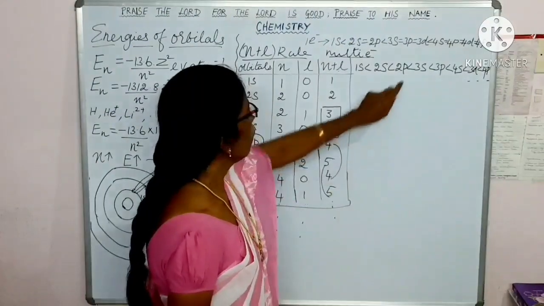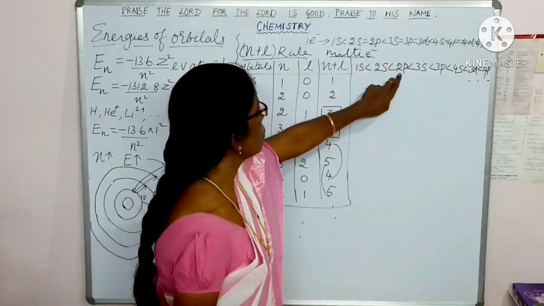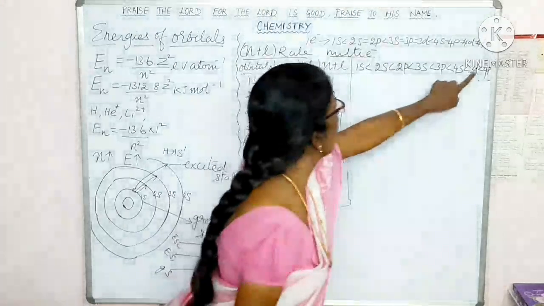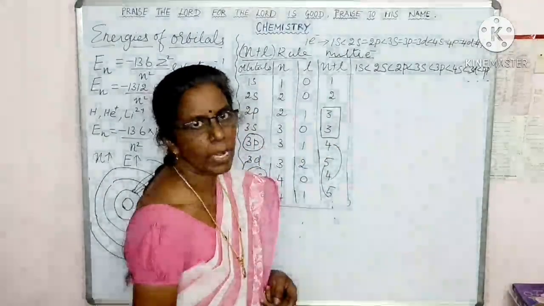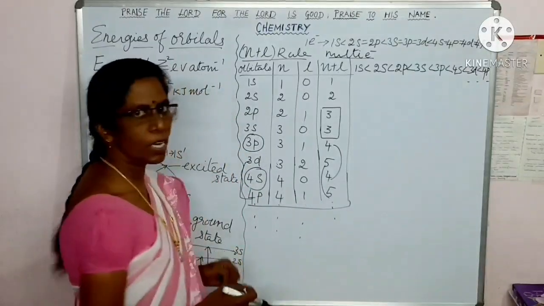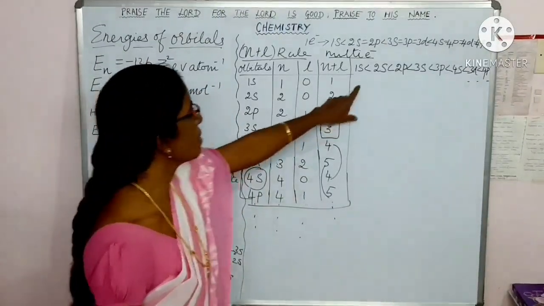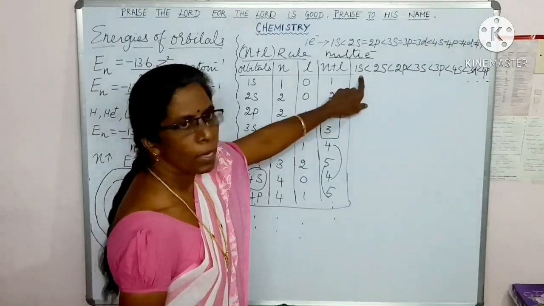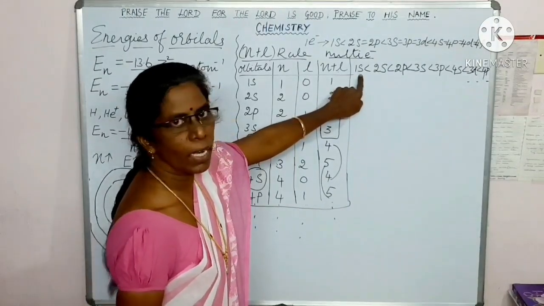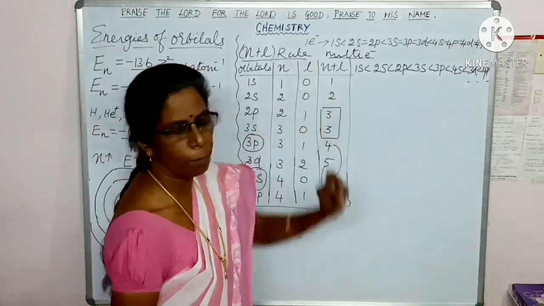When you consider the subshells p and d, there are 3 orbitals due to different orientations because of the directional property. Whereas for the s orbital, there is no directional property because the probability of finding the electron in all directions is the same.